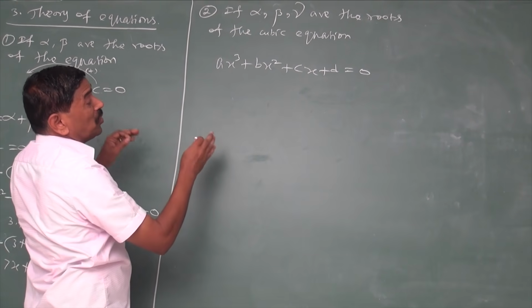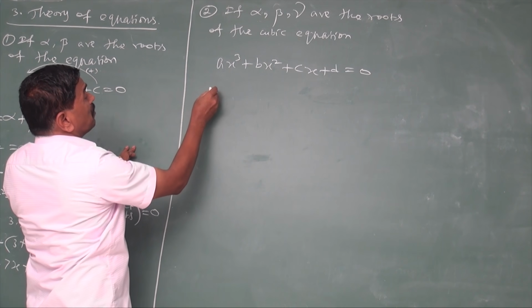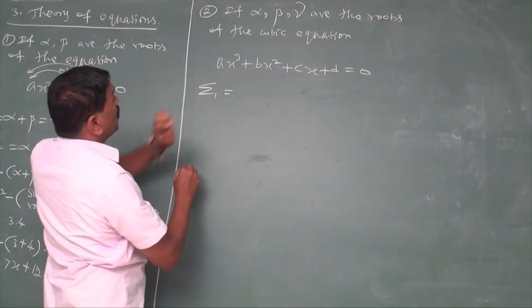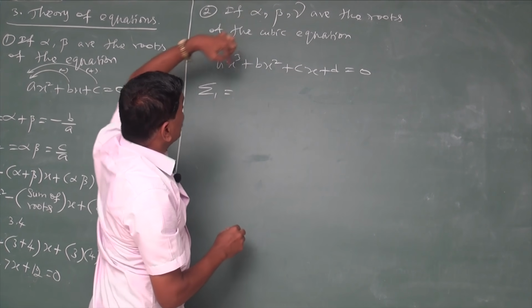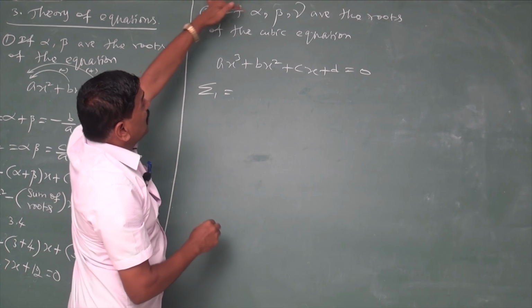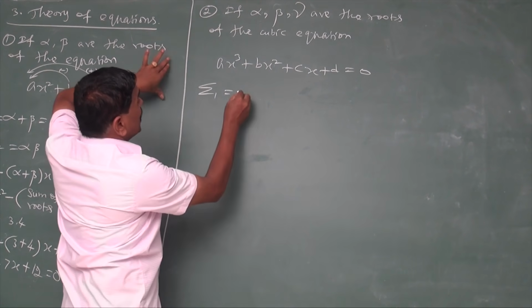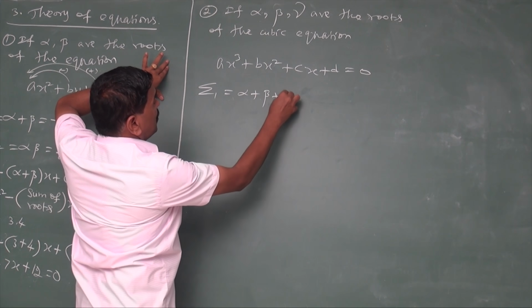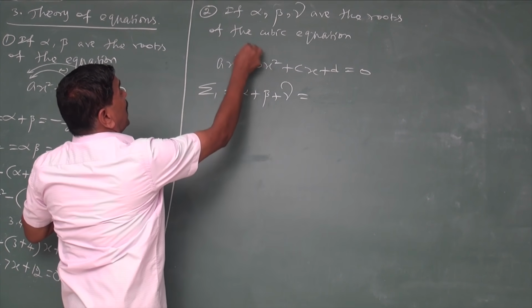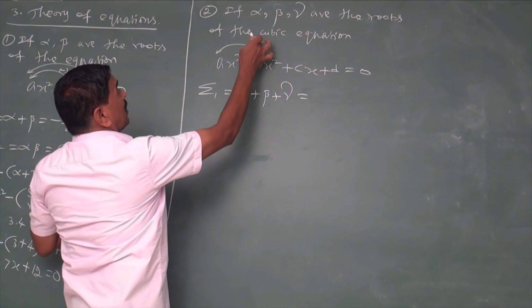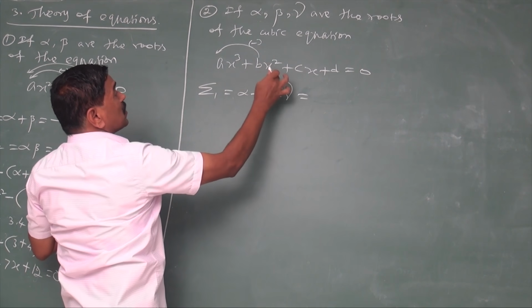Now sum of the roots taken one at a time, which means sigma 1. Sigma 1 is equal to alpha plus beta plus gamma, which is equal to minus b by a. Here minus into plus is minus, so minus b by a.